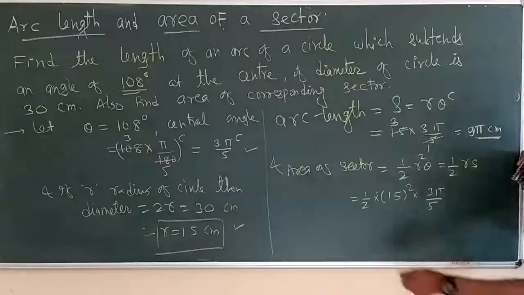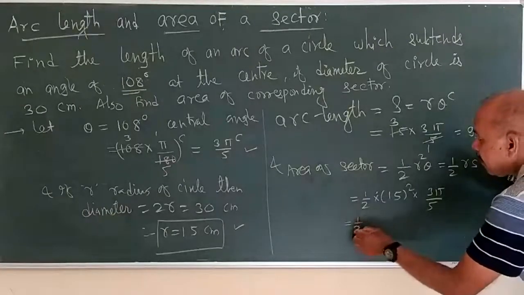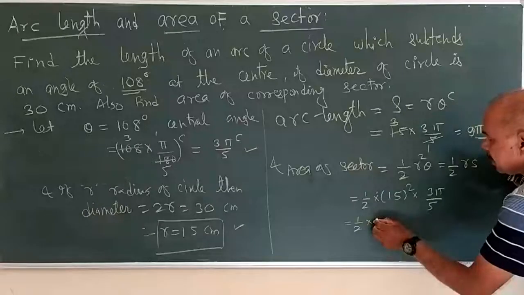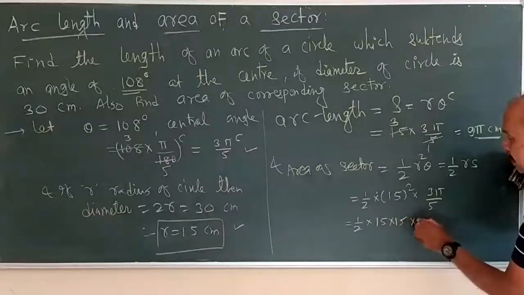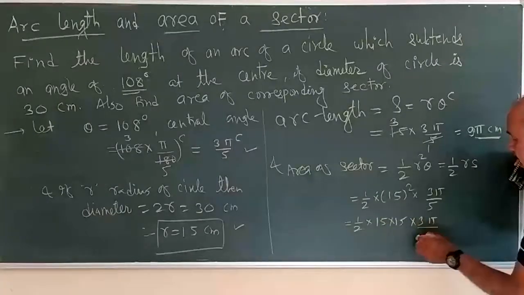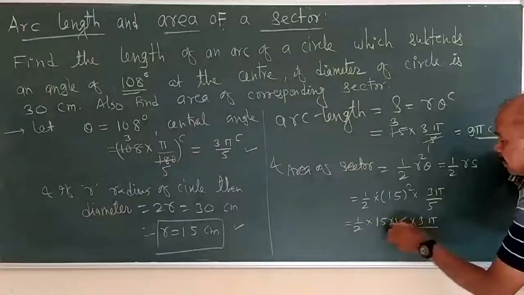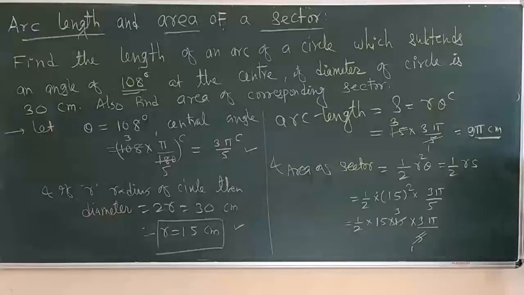If we calculate it, 1/2 into 15 into 15 into 3 pi upon 5, 5 ones 5, 5 threes, that is 3 threes 9. 15 into 9, 9 5s 45, 9 ones 9, 9 plus 4.